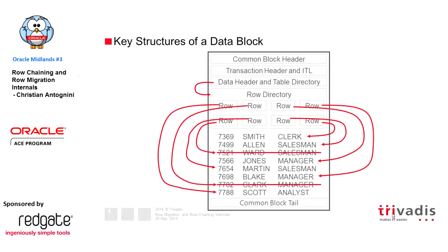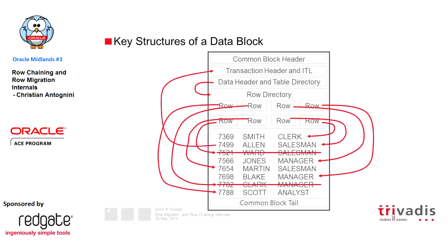The row, as you will see later on, can change position inside the block. So it's just the logical row number. Inside the row directory you have the offset inside the block where the row is actually stored, and that offset can change. So this is basically a regular database block.